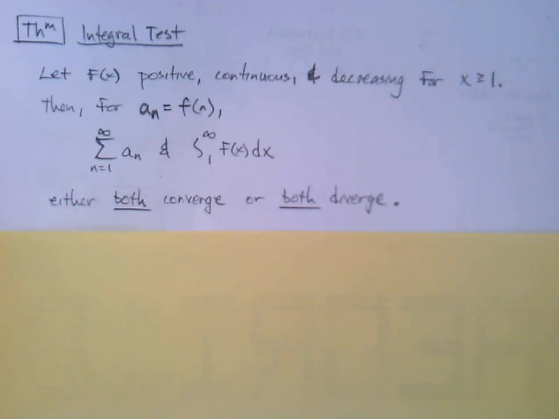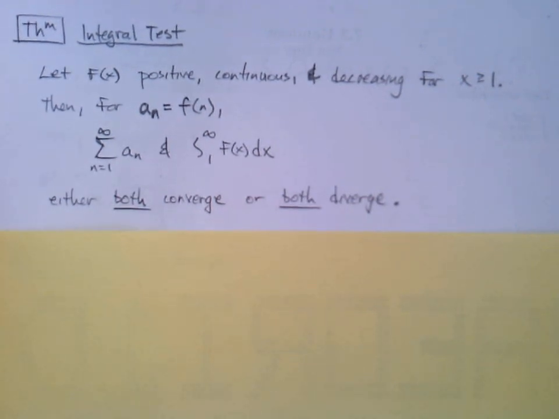Then, for a sub n equal to f of n, the series from n equals 1 to infinity of a sub n, and the integral from 1 to infinity of f of x dx either both converge or both diverge.